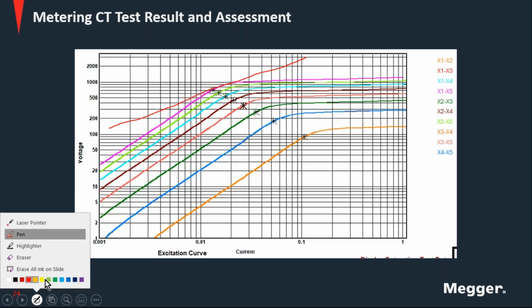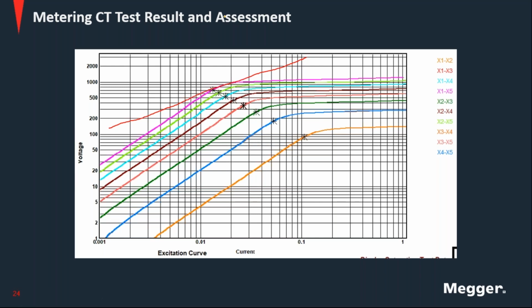The number indicates the angle or slope of the straight line from the coordinate origin at which a tangent line can be drawn to the excitation characteristic.